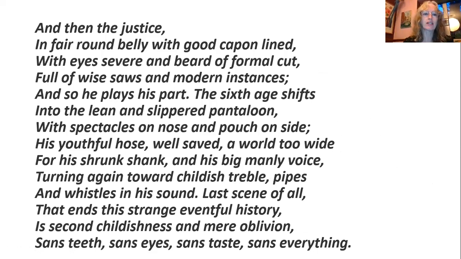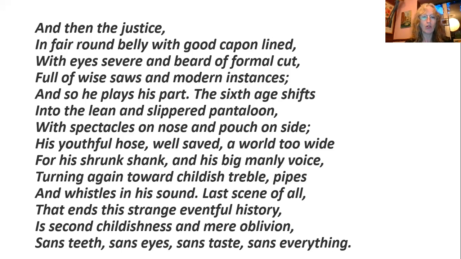And then the justice, in fair round belly with good capon lined, with eyes severe and beard of formal cut, full of wise saws and modern instances, and so he plays his part. The sixth age shifts into the lean and slippered pantaloon, with spectacles on nose and pouch on side.